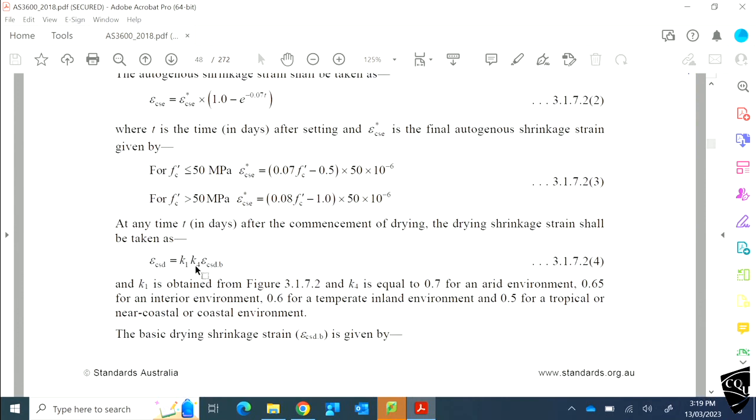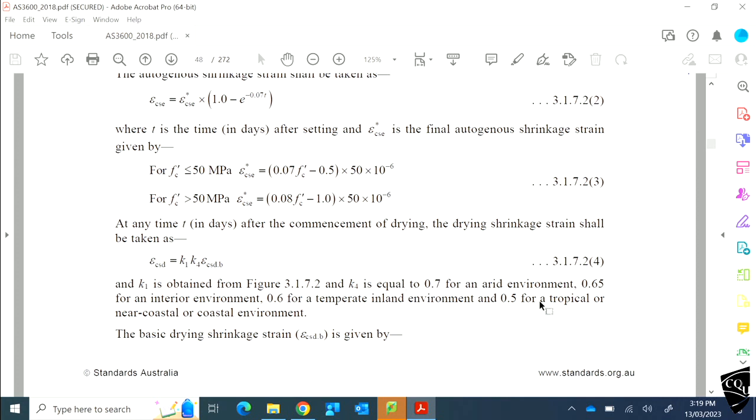K1, K4, okay, and then this is the basic drying shrinkage. So we have two factors. So K1, we'll look at the figure. The K4 is given here.